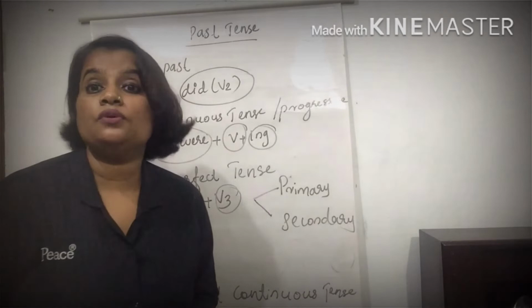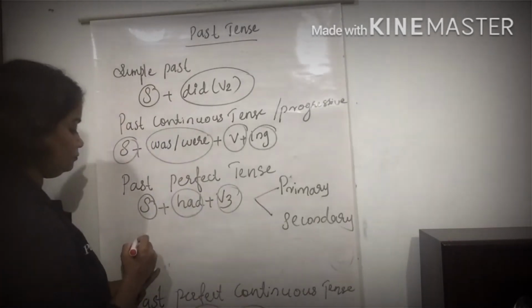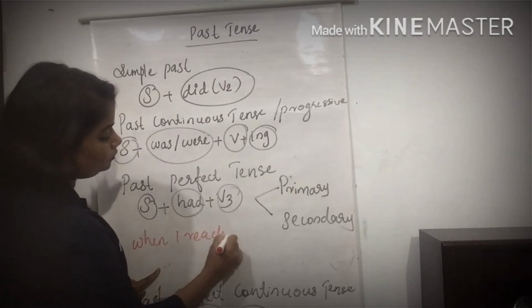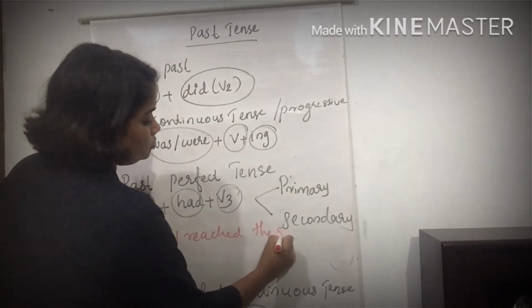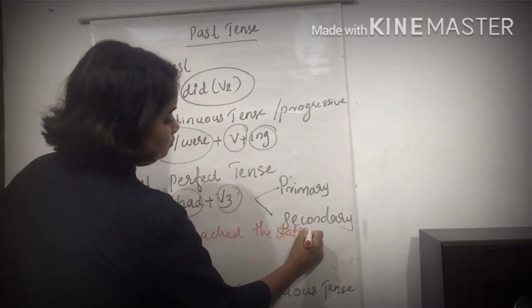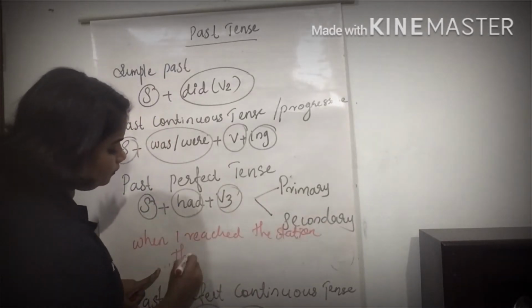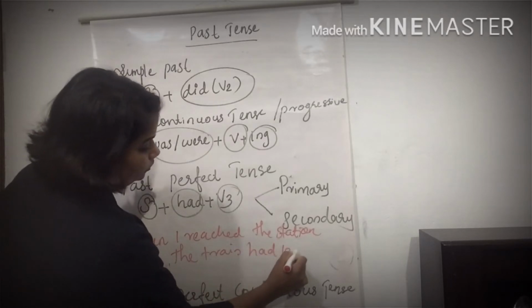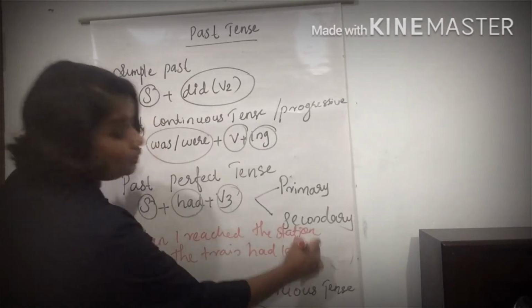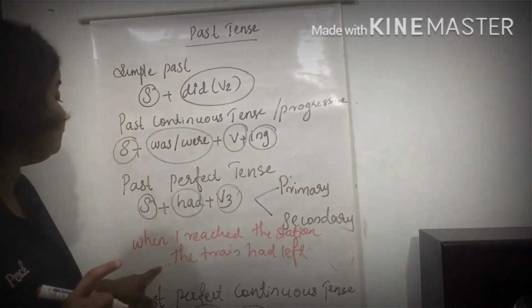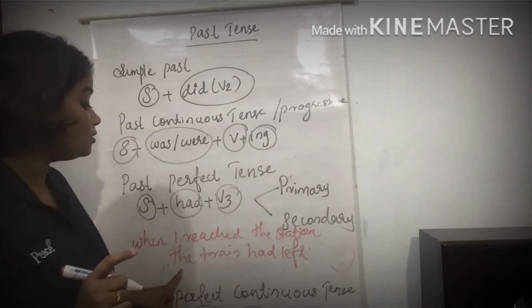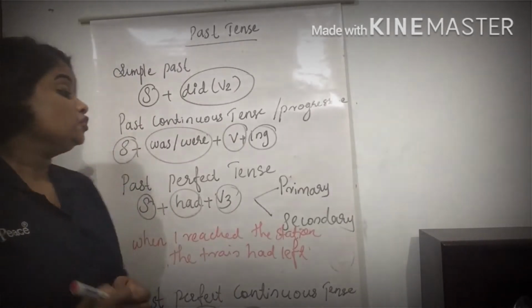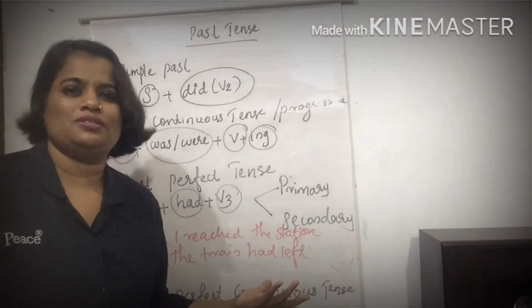When I reached the railway station, the train had left. Listen to me very carefully. So when I reached the railway station, the train had left, or when I reached the station, the train had left. Both you can use, the station or railway station, it doesn't matter.